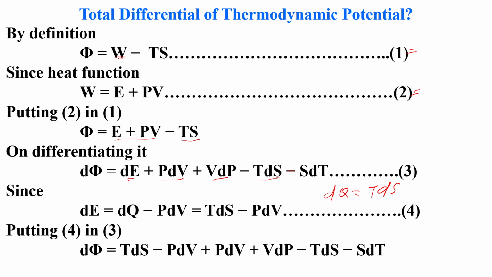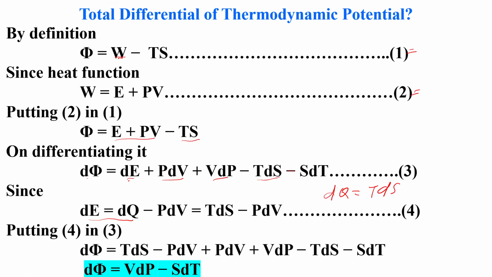Putting equation number 4 into 3, so this is equation number 4 and this is 3. So d phi is equal to dE, which according to equation number 4 is dQ minus PdV. So d phi is equal to TdS minus PdV plus VdP plus PdV minus TdS minus SdT.